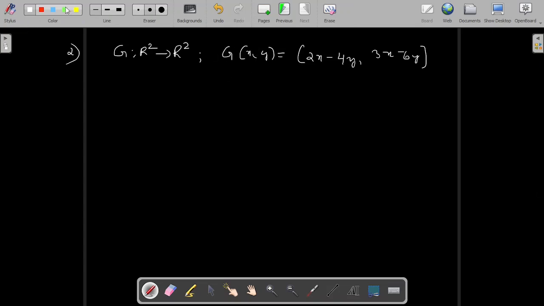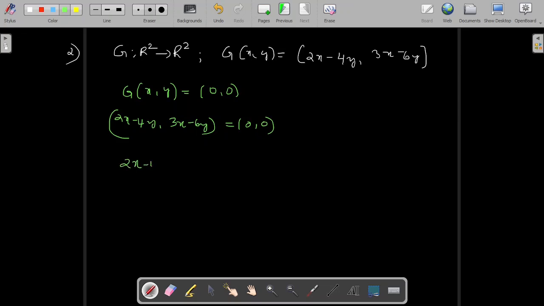How to do that? First find the kernel of G. First equate this mapping to 0, 0. So 2x minus 4y, 3x minus 6y is equal to 0, 0. This implies 2x minus 4y equal to 0, 3x minus 6y equal to 0.